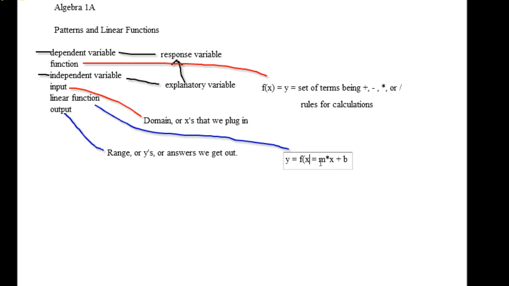So you take a number, you times it by the value of x that you plug in, and then you add a number after that. You add or subtract, it's up to you how you want to do it. We usually call m the slope and b the y-intercept. Those are pretty simple and straightforward.